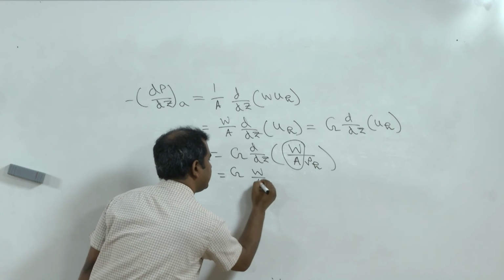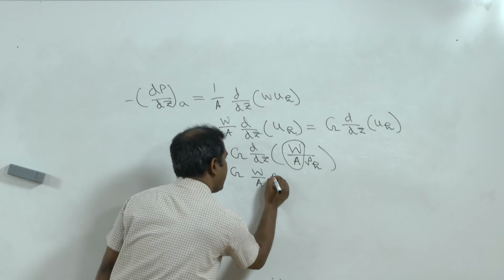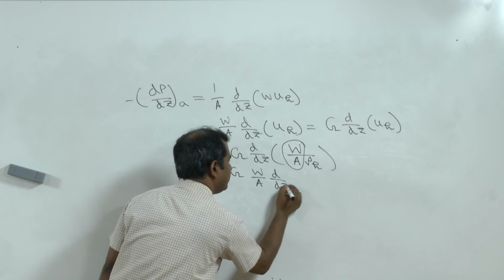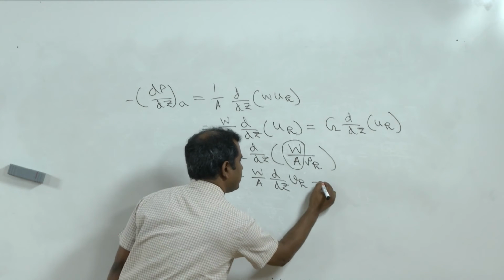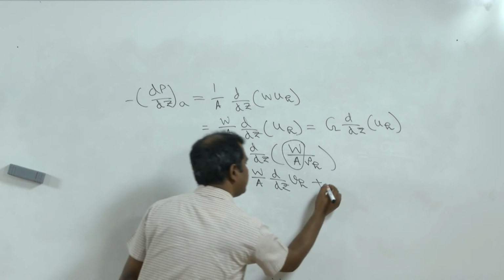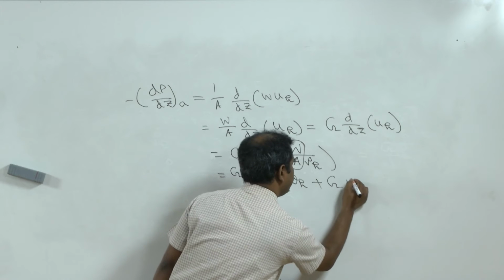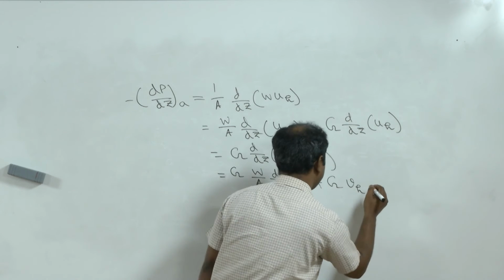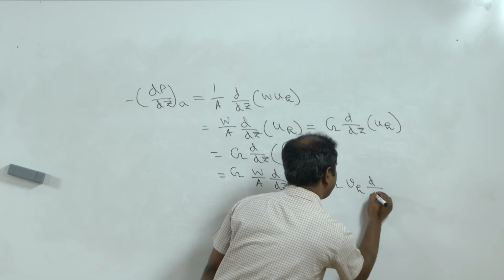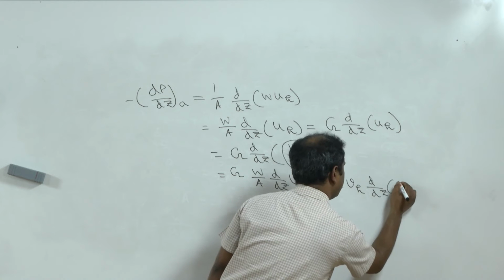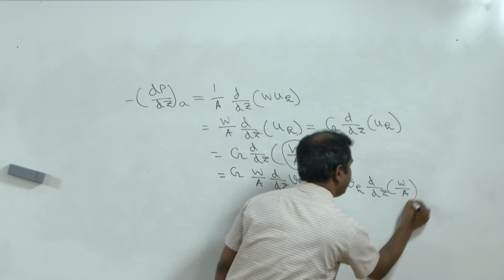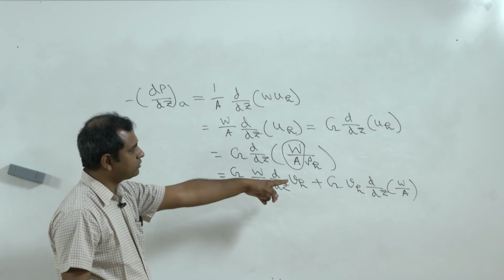First, let us keep this out, and d/dz of v_h plus we have G v_h and then d/dz of W by A. W once again is not going to change, so that can come out.